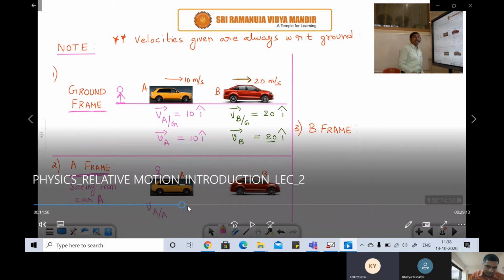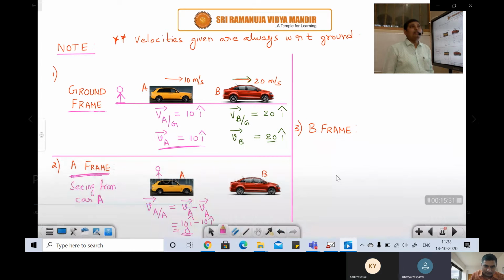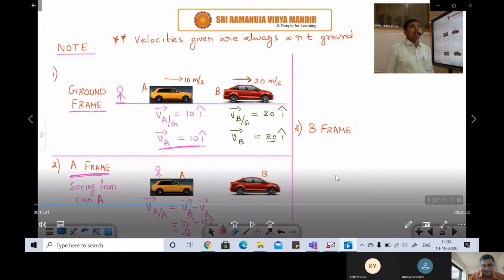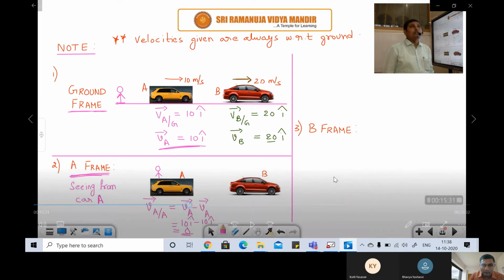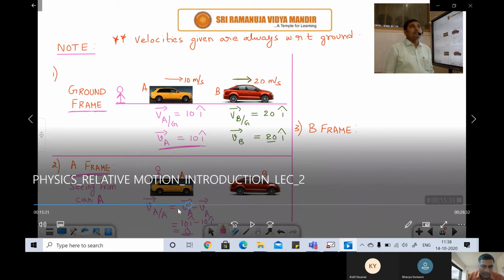Velocity of A minus velocity of A. What is velocity of A? 10 i cap. Again, 10 i cap. So 10 i cap minus 10 i cap, how much? 0, sir. So when you stand on A and observe A, it is 0.